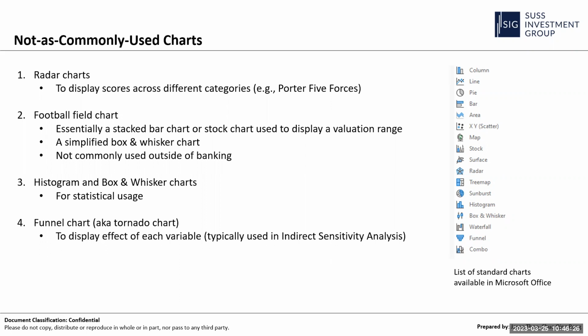So for example, let's say your revenue, you plus or minus 5%. Then what's the impact on your target price? For example, this could be plus 20%. Then the other side is a minus 20%.